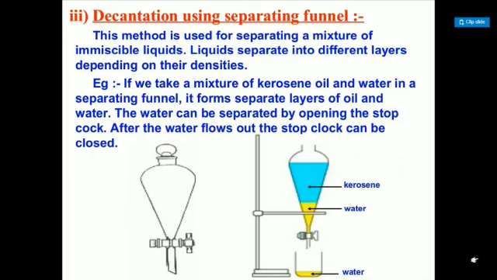When a mixture is not miscible, a heterogeneous mixture of two liquids, for example oil and water, or alcohol and water, this mixture is poured into the separating funnel. A denser layer is formed between the water and the oil, and the denser part is separated first, then the other. Okay.